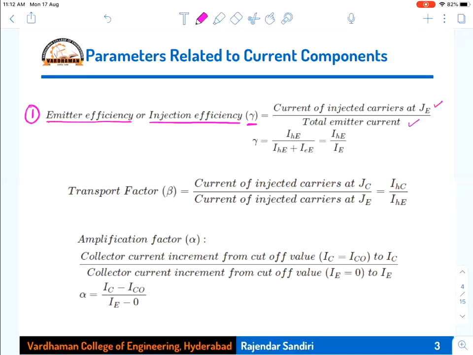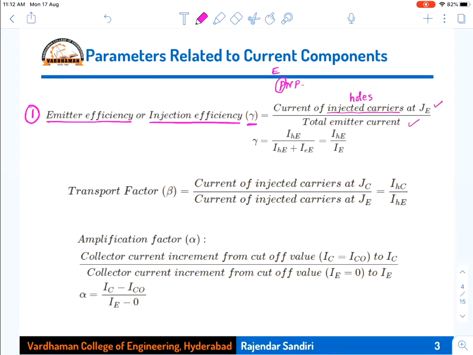Regions also will become interchanged. PNP becomes NPN. If you replace like that, then you will get the same analysis for the NPN transistor. So I'm doing this for the PNP transistor. For the PNP transistor, emitter efficiency or injection efficiency means the current of injected carriers. In the PNP transistor, the injected carriers are holes, because the emitter is p-type.